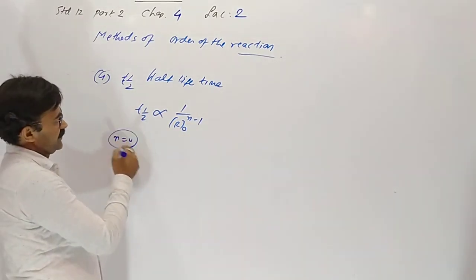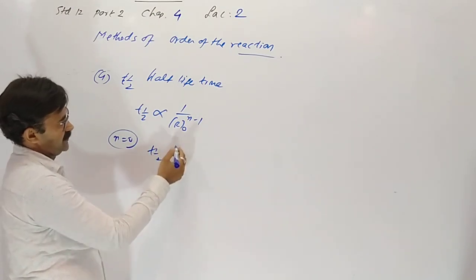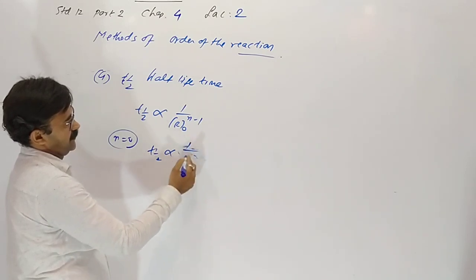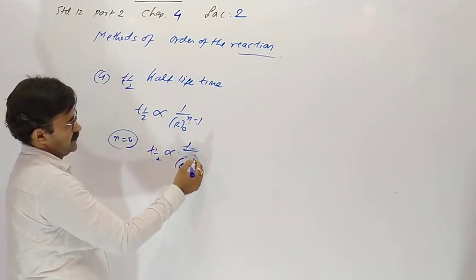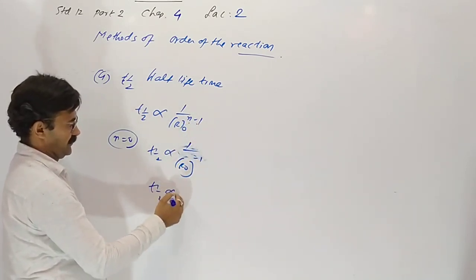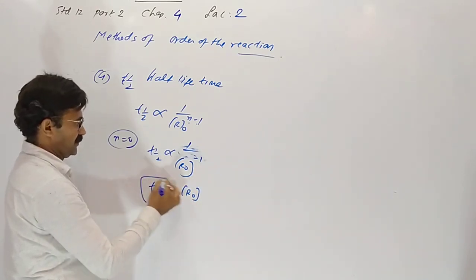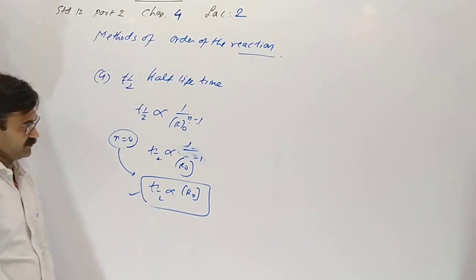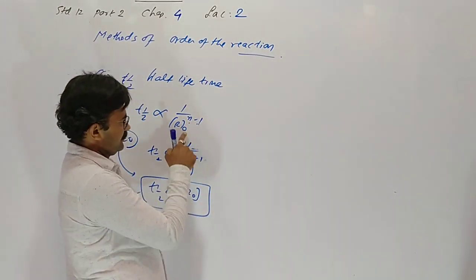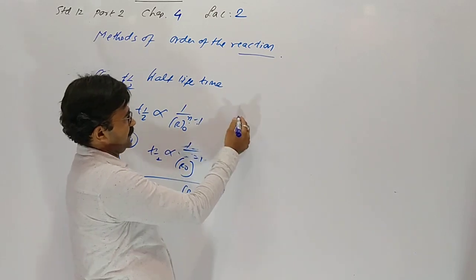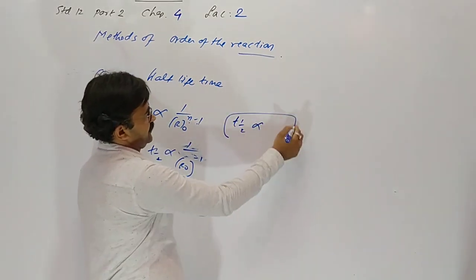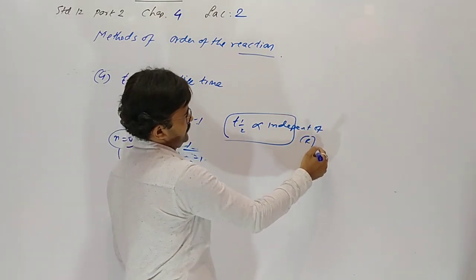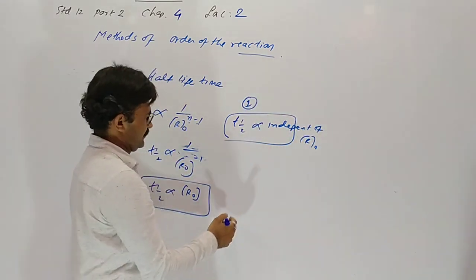If the order of reaction is 0, then it is 0 minus 1, so t1/2 is directly proportional to the initial concentration. Then we can say the order of reaction is 0. For order 1, 1 minus 1 is 0, so t1/2 is independent of the initial concentration. So it should be first order.